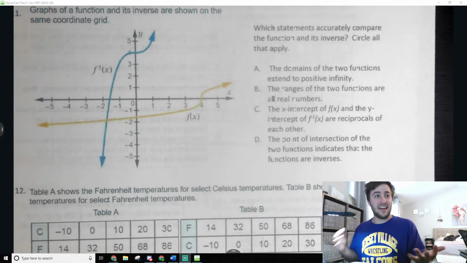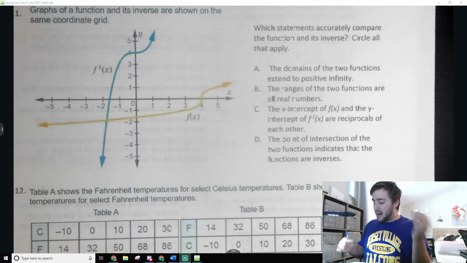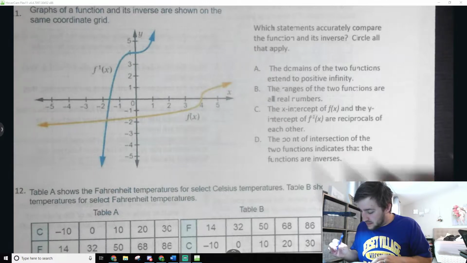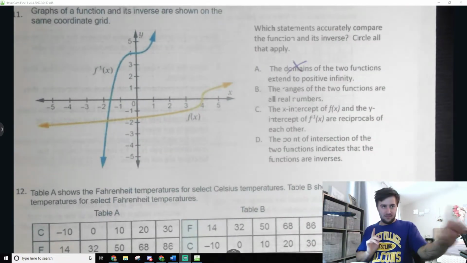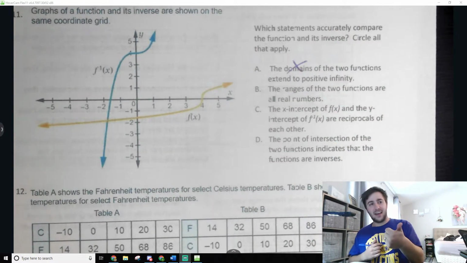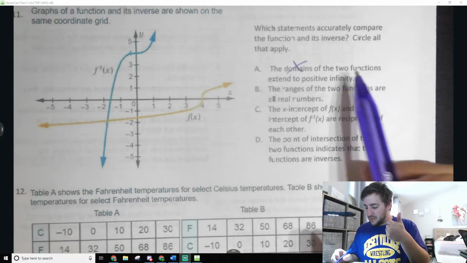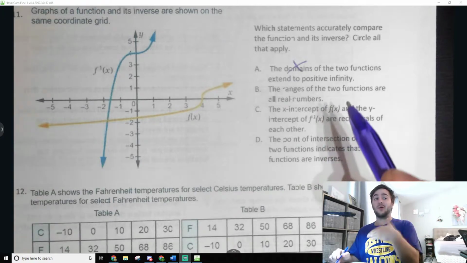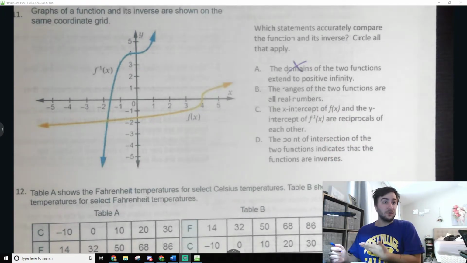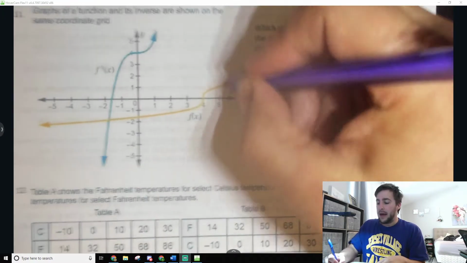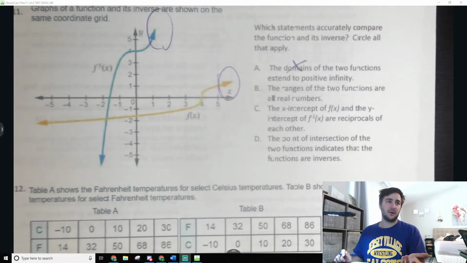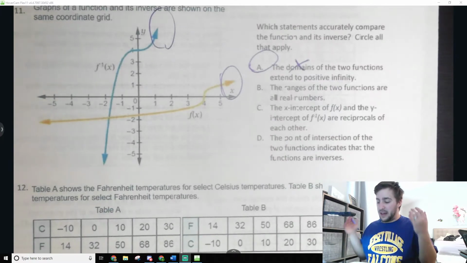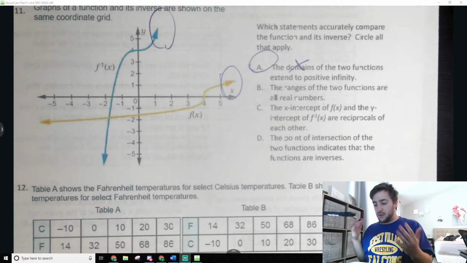Domain is the x's, and extending to positive infinity means we've got an arrow going right. So do we have an arrow going right on both of these functions? Absolutely, we got an arrow going right on both. That's taking me way back. That's why I like this unit. So yes, we would say A, their domains do go to positive infinity.